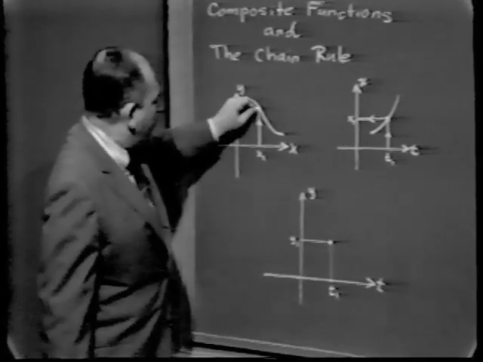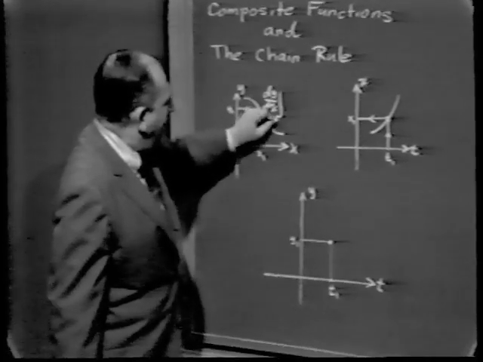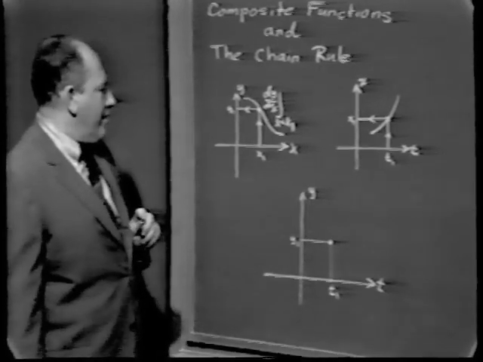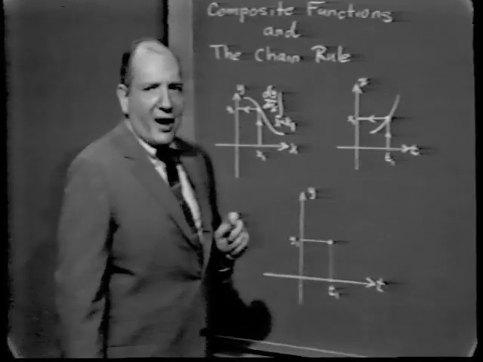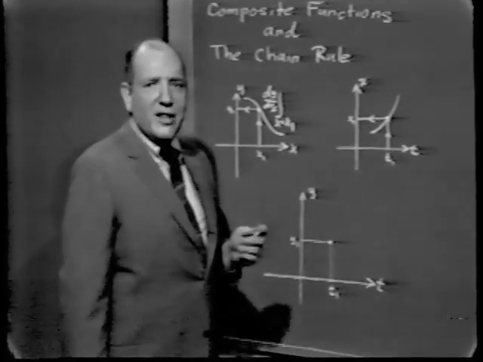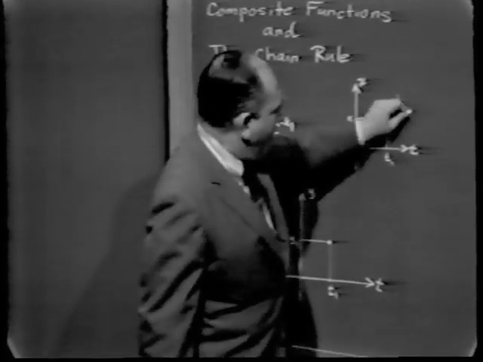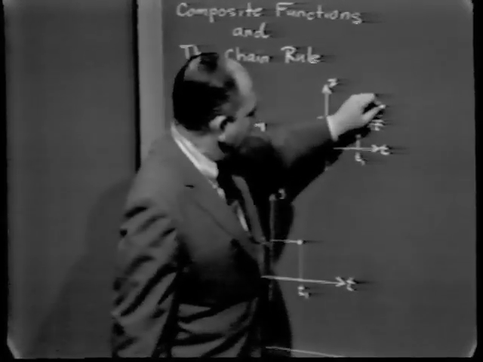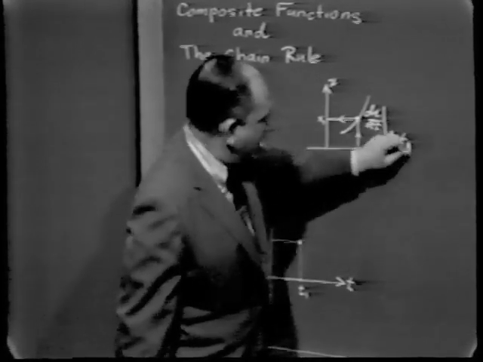In particular, the way I've drawn this diagram here, we're saying, suppose dy/dx evaluated at x equals x1 happens to exist. And suppose also that this graph of x versus t also happens to be a smooth curve. In other words, that x is a differentiable function of t. Again, in the language of calculus, what we're saying is the slope of this curve exists at this particular point, and it's given by dx/dt evaluated at t equals t1.